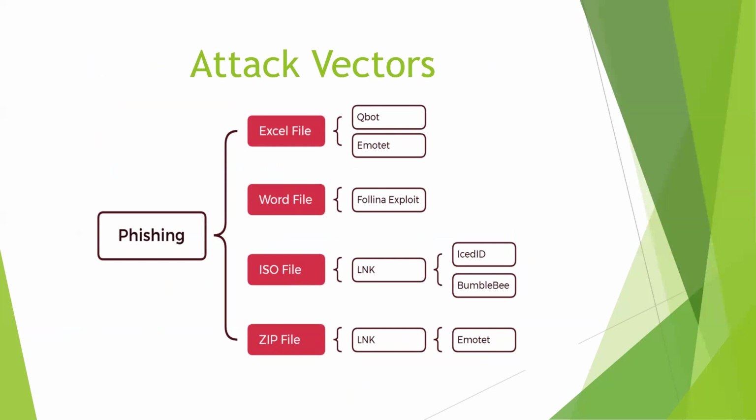So when it comes to phishing attacks, an adversary can use maybe Excel files or Word documents through specially crafted emails. You might receive an email that has an attachment, which could be an Excel file, a Word document, an ISO file, or even a zip file.